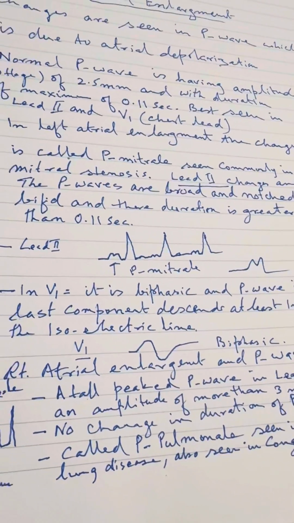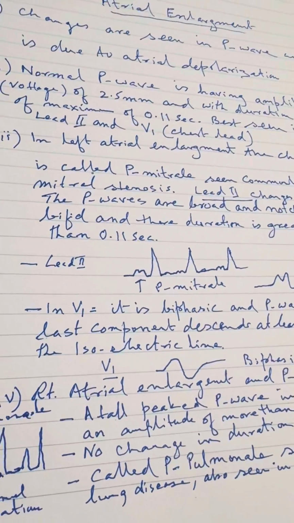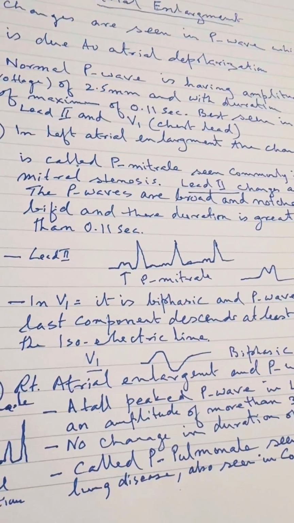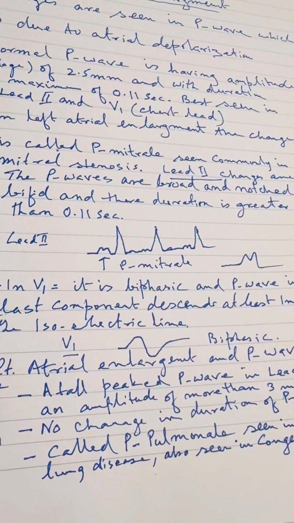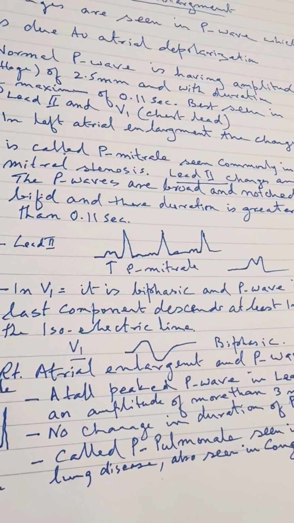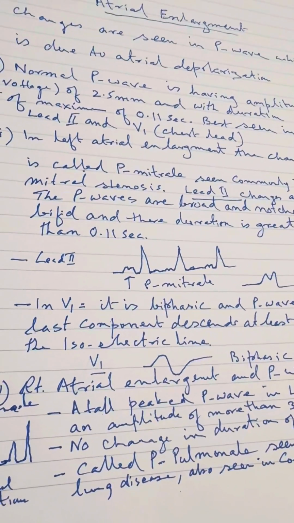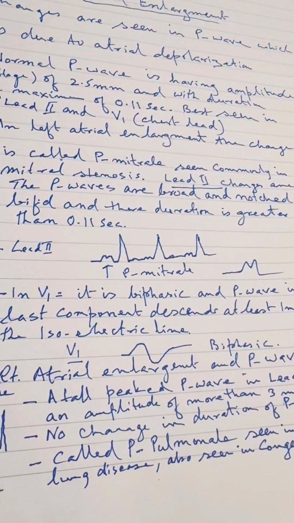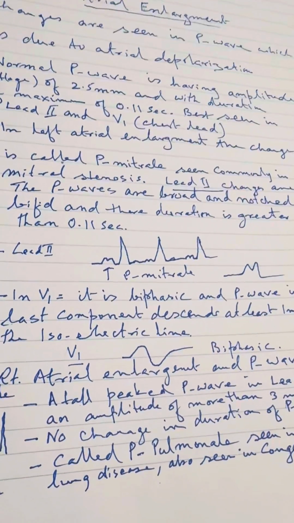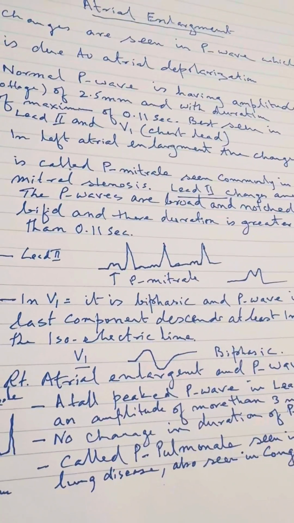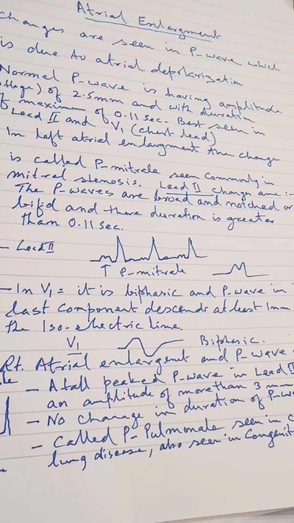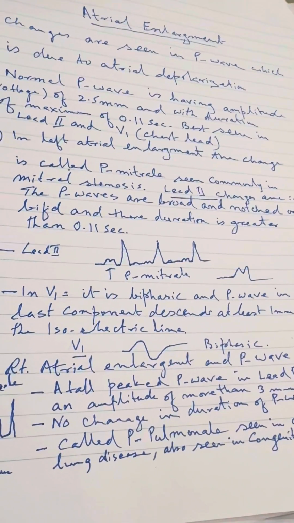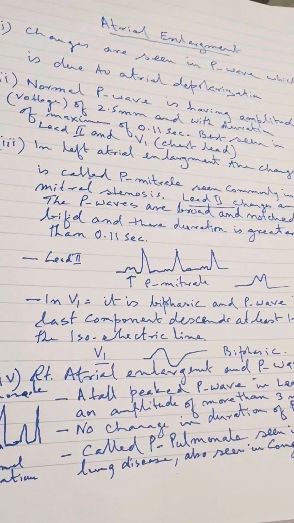In V1 you will find it as a biphasic wave as shown on the right side of the diagram. You will see two peaks, one peak and another peak, and there is a notch in between. This is known as P mitral.